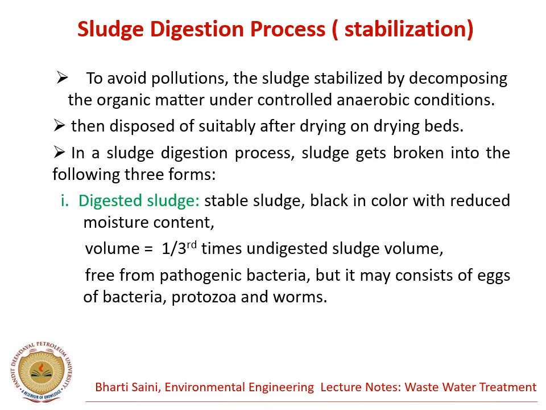It is the stable form of the solid, and it is black in color, with reduced moisture content as well as reduced volume compared to the undigested sludge. The volume is around one third of the undigested sludge volume.